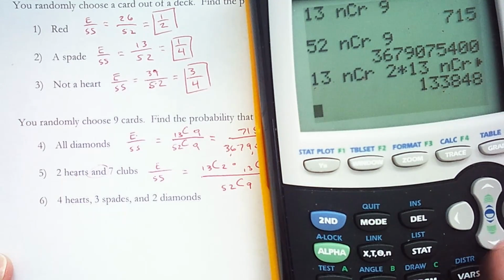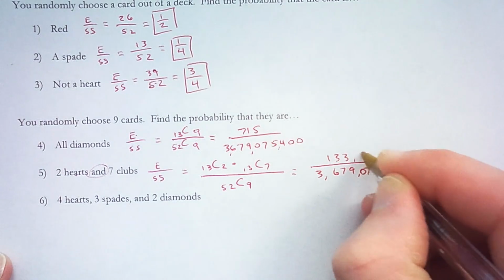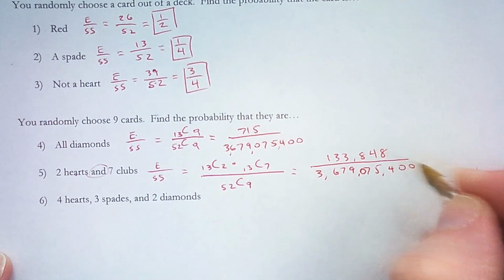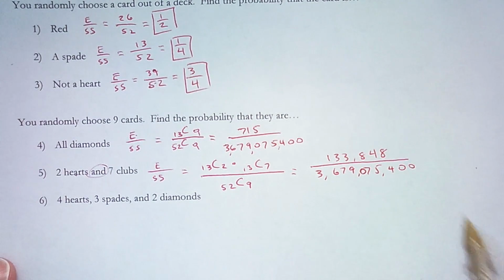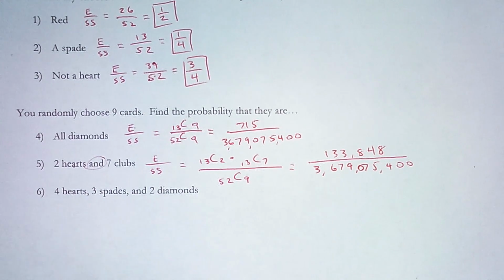And that is 133,848. Again, this could be simplified, but for the purposes of what we're doing, I'm just going to leave it there and move on to our next event here.